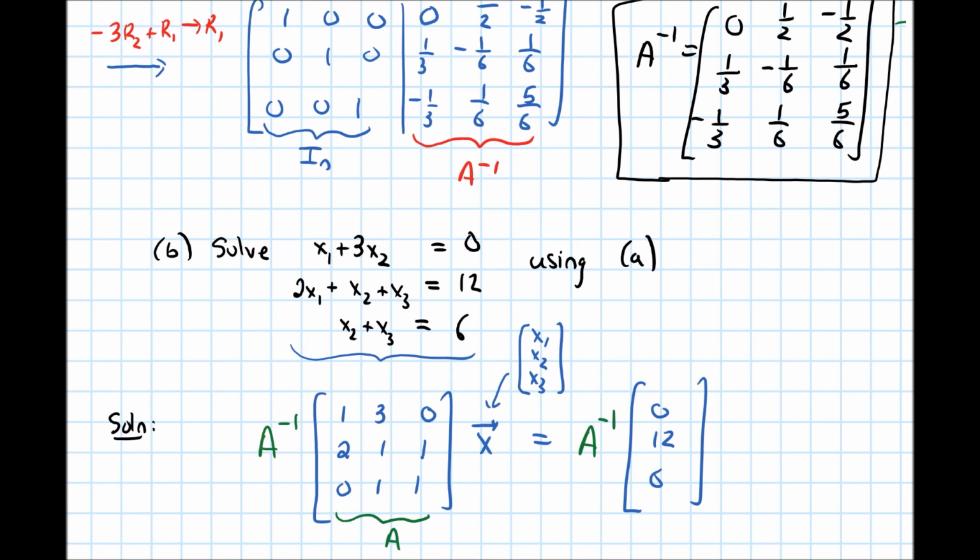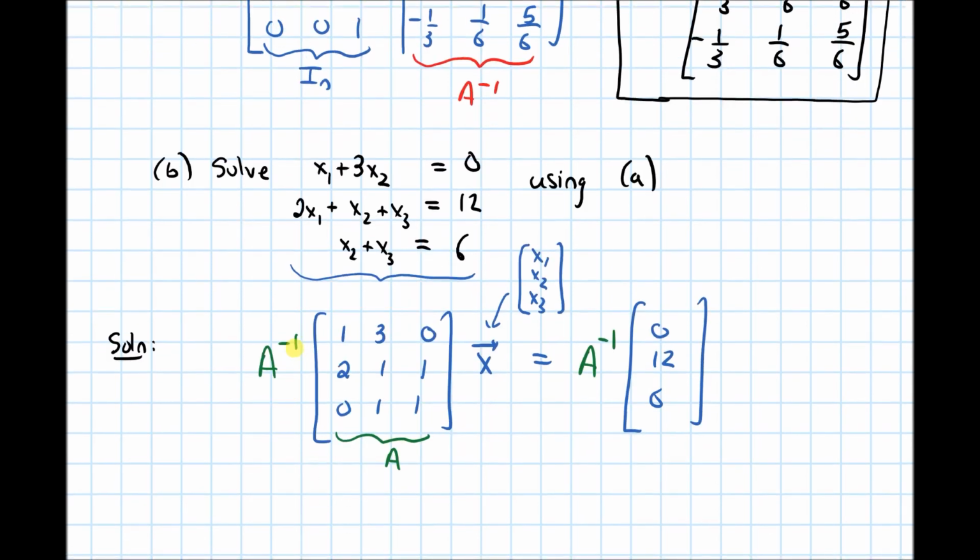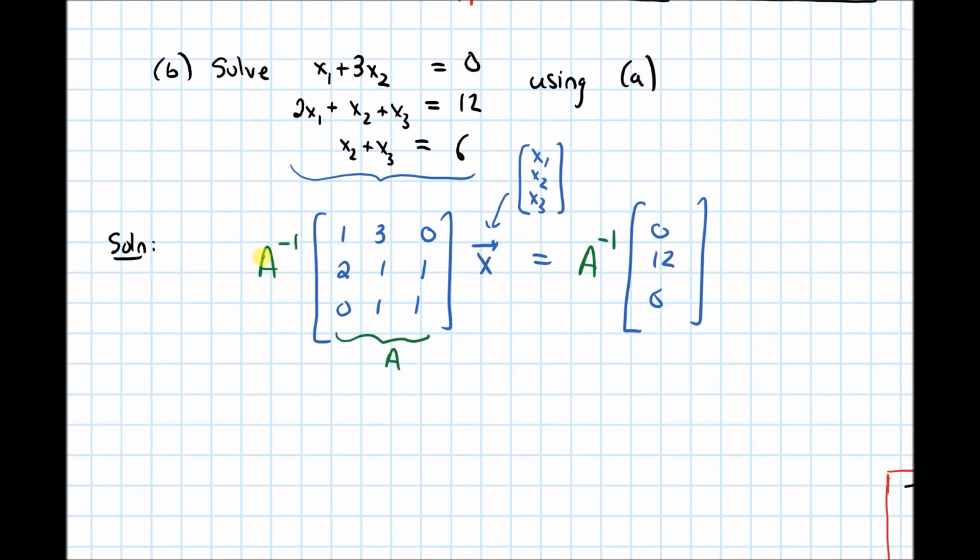And I have to stay consistent with which side I multiply on. I've chosen the left-hand side so I could put the A inverse right next to the A. So A inverse times A is the identity. We still have that vector x. And on the right-hand side, we have A inverse.